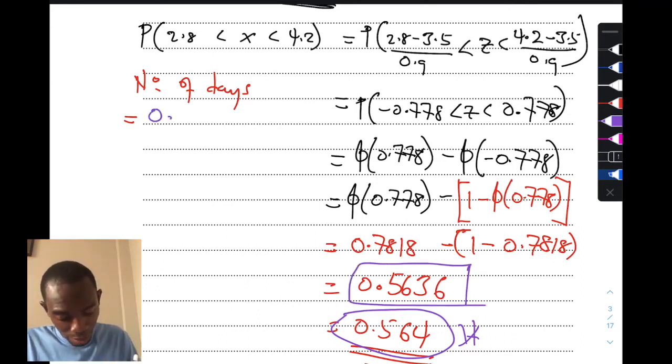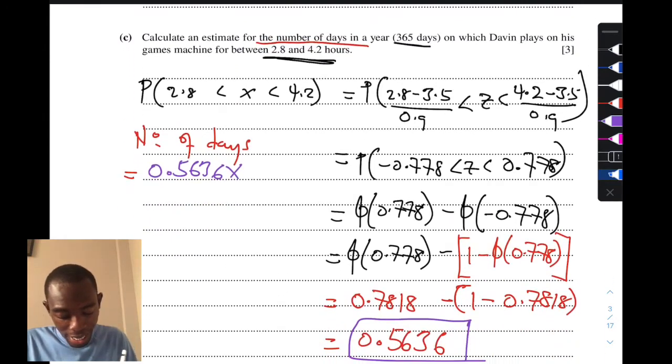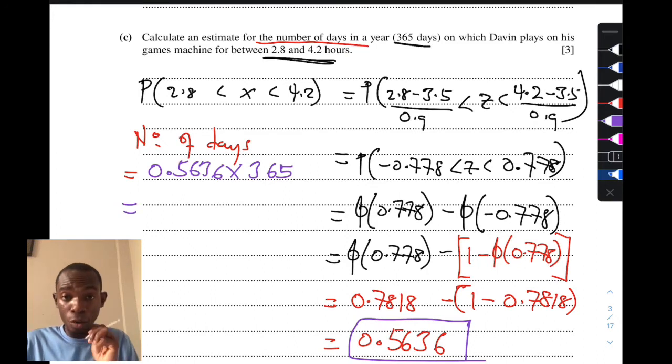So the probability is 0.5636 times the days that they gave us, and the days is 365. Don't go and use 364. Don't use what you've not been given. So that'll be 0.5636 times 365.